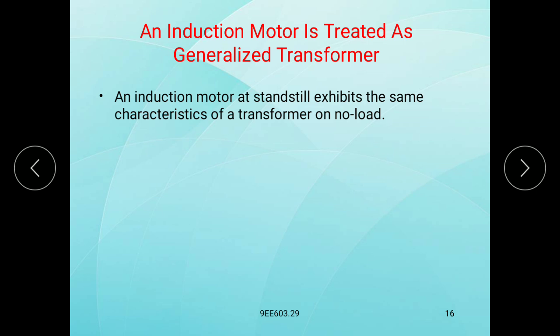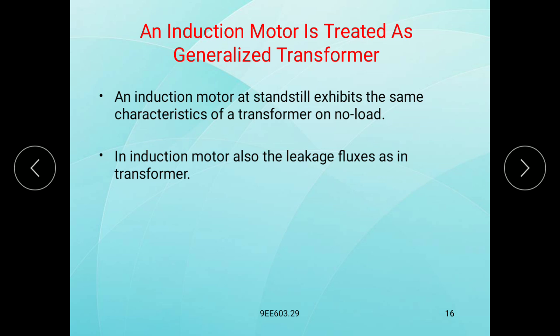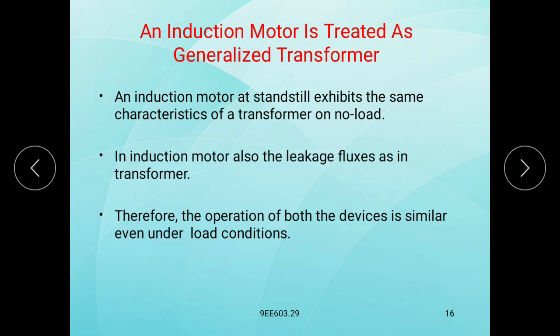An induction motor at standstill exhibits the same characteristics of a transformer on no load. In an induction motor also there are leakage fluxes as in a transformer. Therefore, the operation of both the devices is similar even under load conditions.